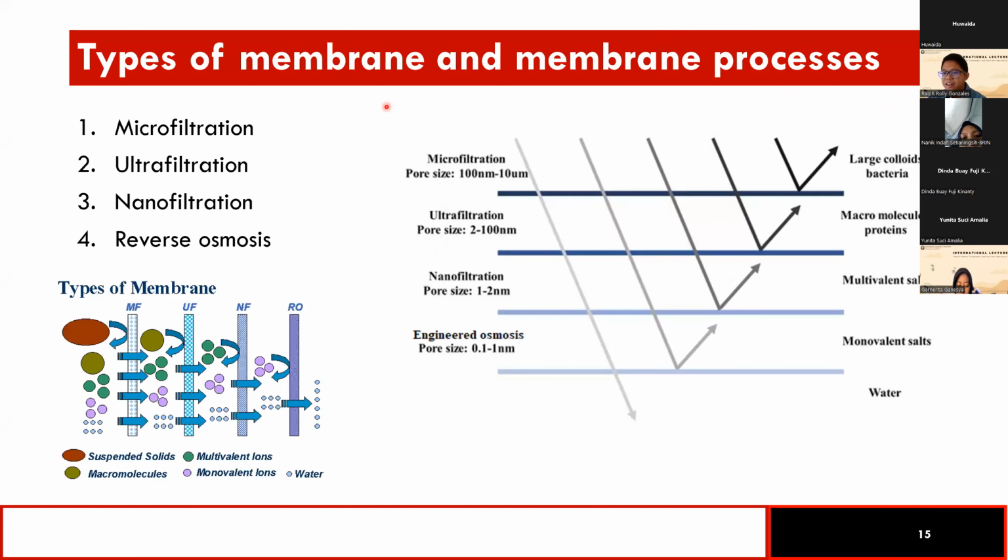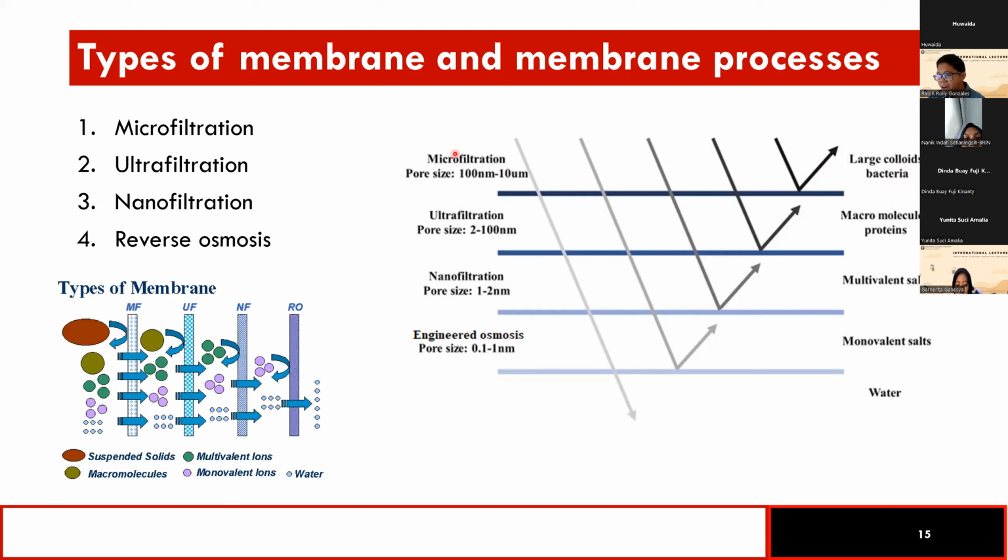There are different kinds of membranes and membrane processes. So this is already shown earlier. So first, microfiltration. Microfiltration membranes have a pore size of 100 nanometers to 10 micrometers. So this is the largest size of pores, and this can remove large colloids and bacteria.